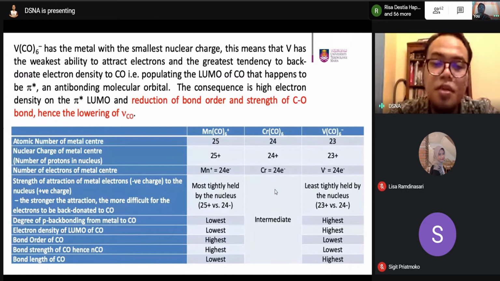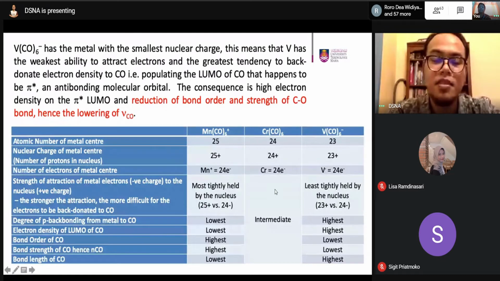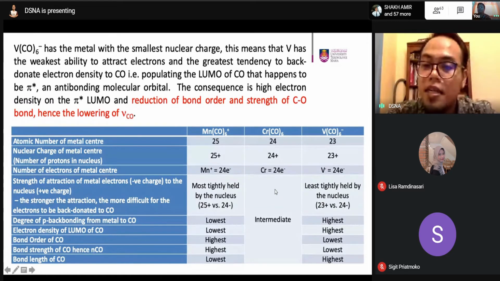So in the case of manganese, the nuclear charge is greater than electron. So that's why the electrons are being tightly held. Dia diikat dengan sangat kuat. Berbanding dengan vanadium, they are less tightly held.